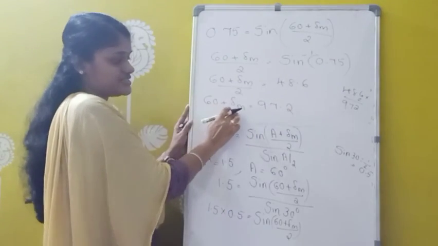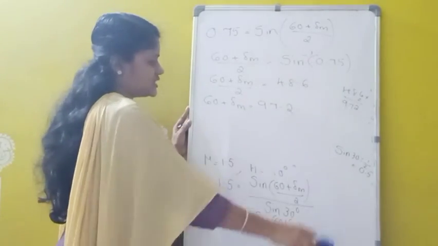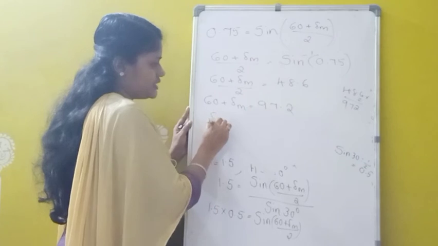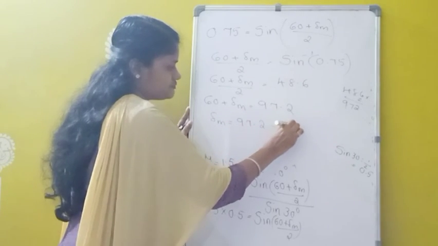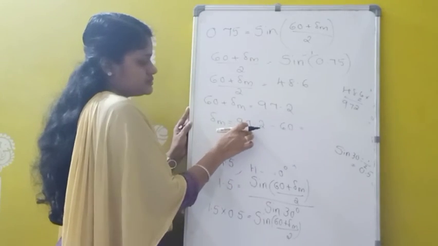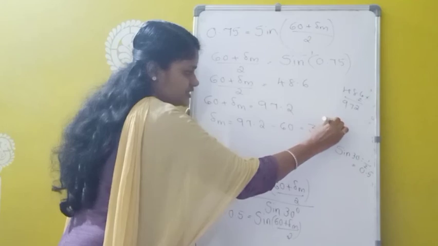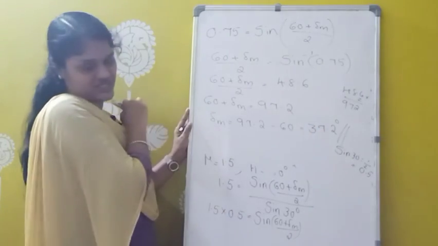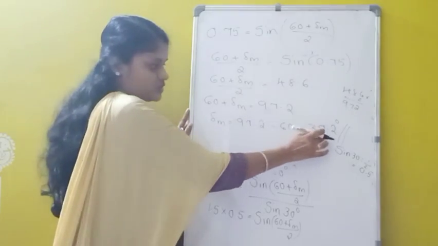So 60 plus delta m equals 97.2. From this we have to find delta m. Delta m equals 97.2 minus 60, which becomes 37.2 degrees. This is the angle of minimum deviation. So we got the angle of minimum deviation delta m equals 37.2 degrees.